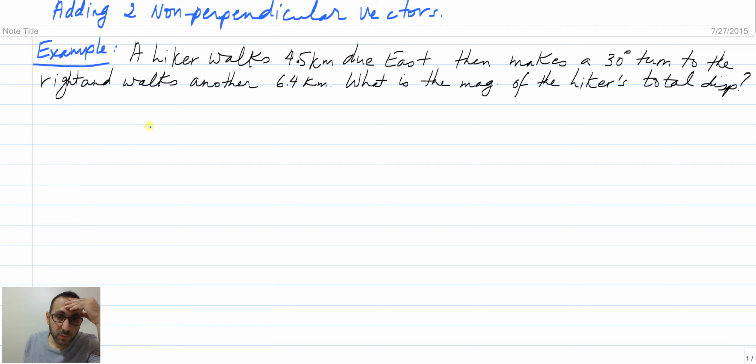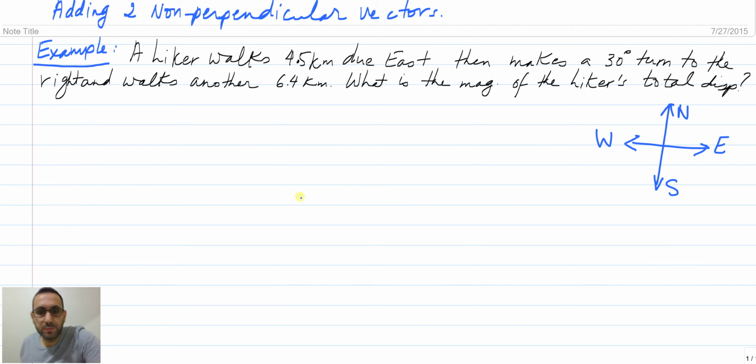Okay, so first we have a hiker walks 4.5 kilometers due east. As we know, east is here, and here is west, north is up, and south is down.